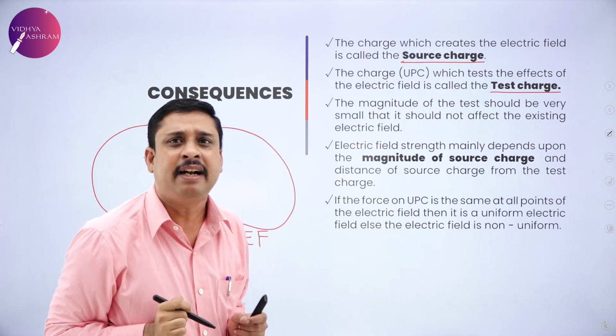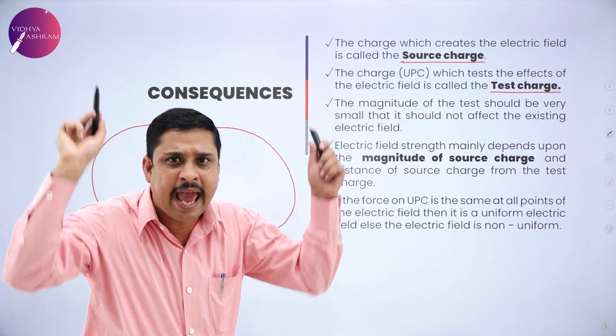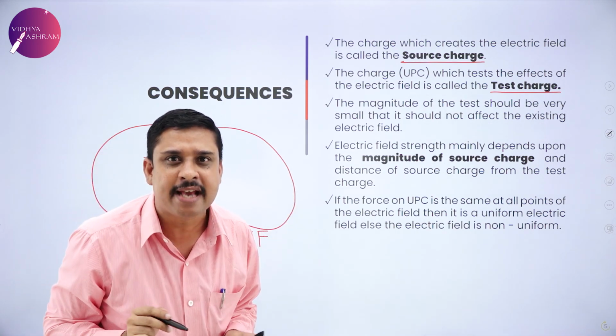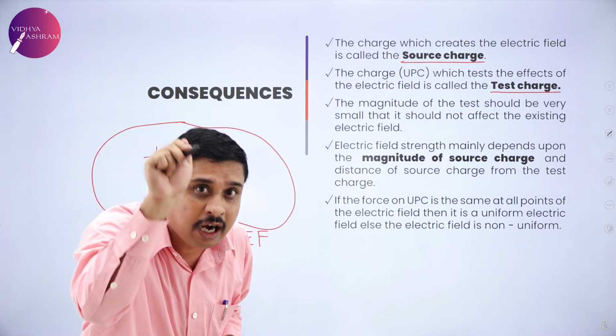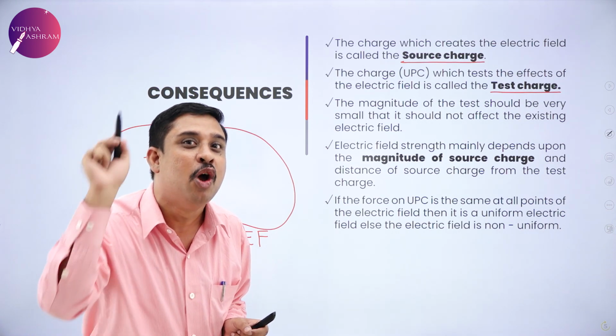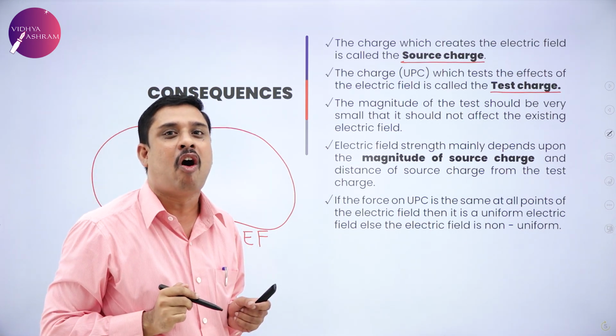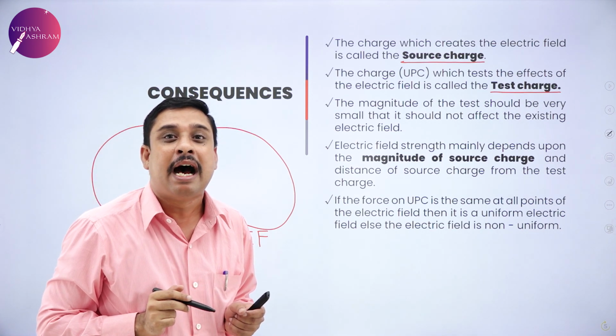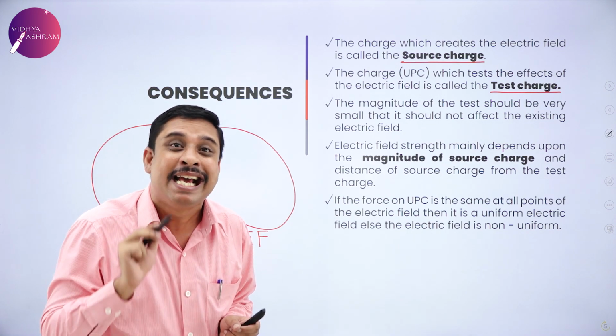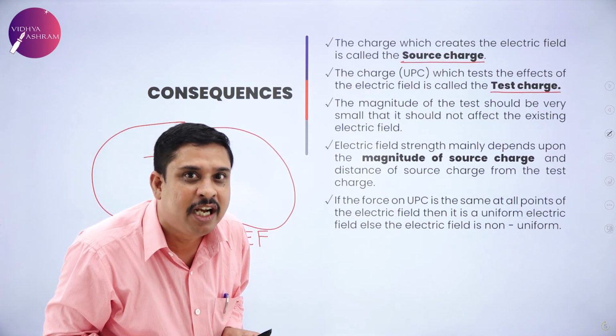From where did I get that electric field? Was it in air? Was it in free space? I have got that electric field only because there was a point charge creating that field.